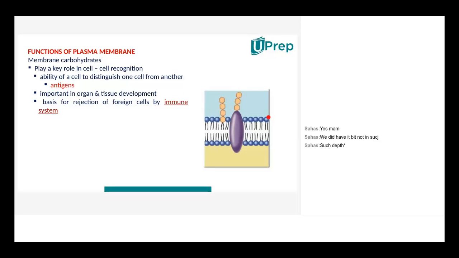Okay, so that's how the whole structure, elaborated a bit, will be like this. Now when you take the membrane carbohydrates in the form of glycolipid and glycoprotein, they play a major role in cell recognition. This is the point of interest over here. This is how the immune system works actually.